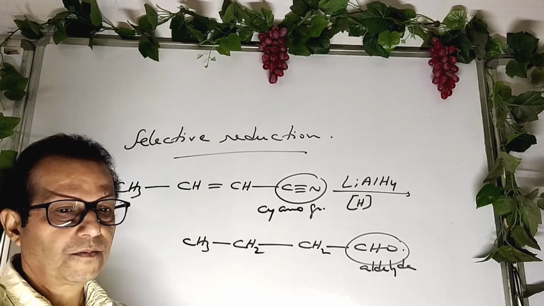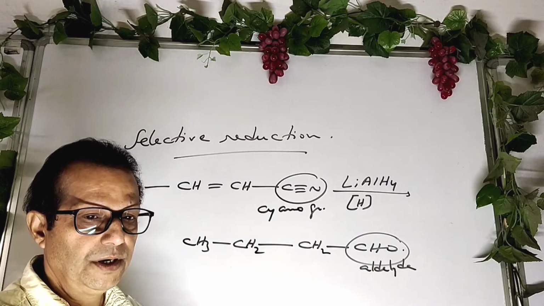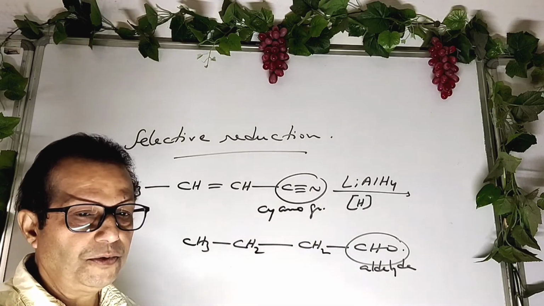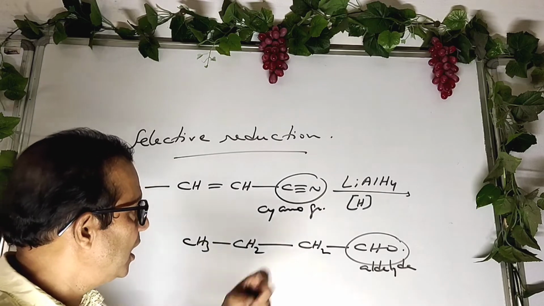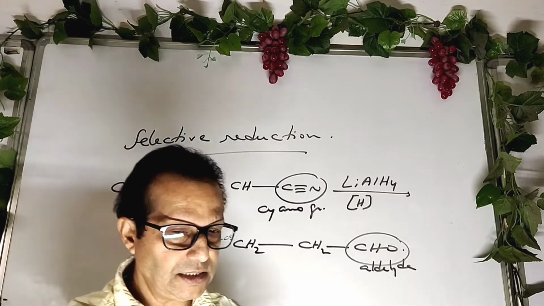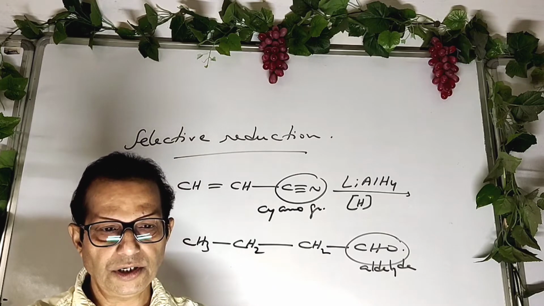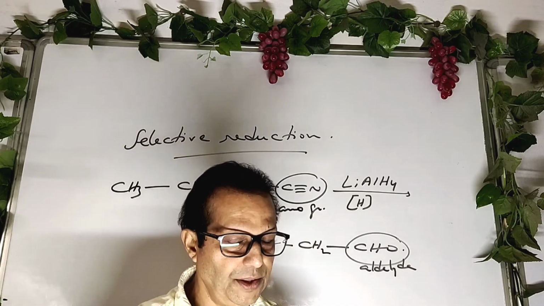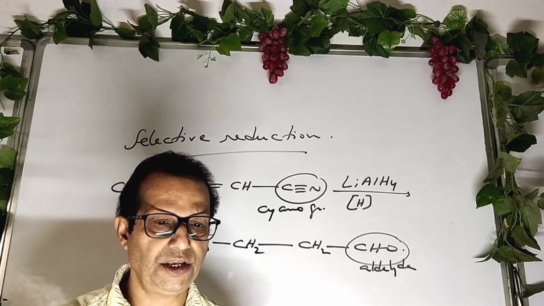So we cannot use lithium aluminium hydride during the reduction of cyano group or ester group to aldehyde if there is any side chain such as double bonds or nitro group. In this case, a selective reducing agent is used, which is called DIBAL-H. See the structure, what is its function? Very important for this year in board as well as entrance exam.